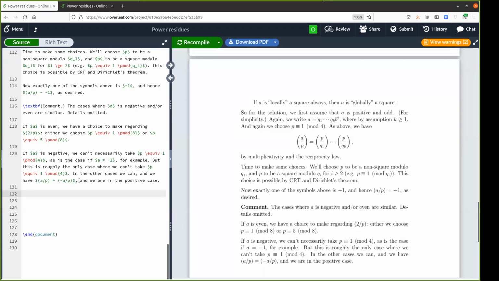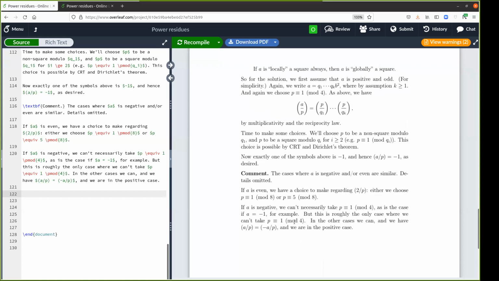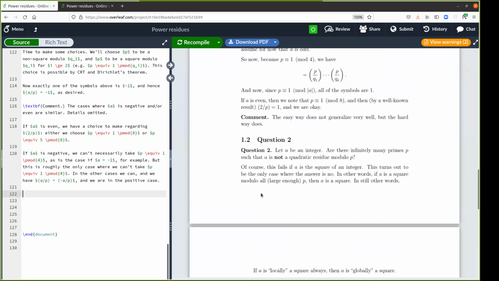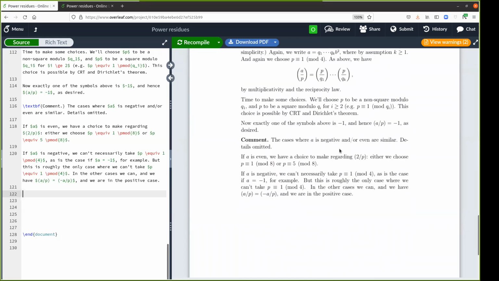Okay, and that's it. So if we take b equal to 1 modulo 4, it doesn't matter if a is positive or negative, as we already noted in question 1. What do we do for a equal to -1?